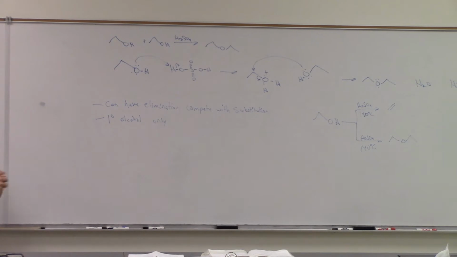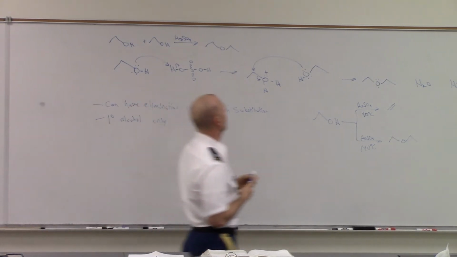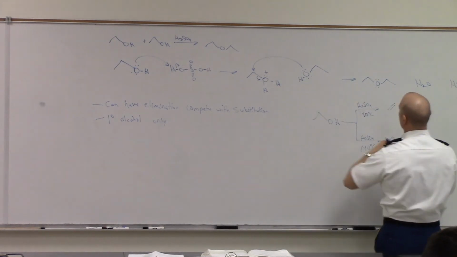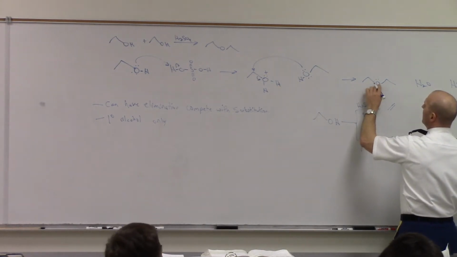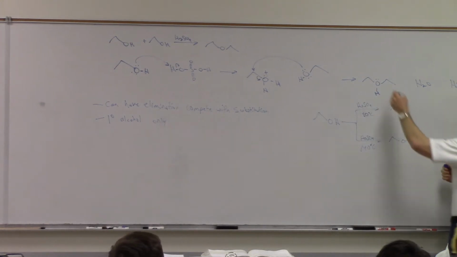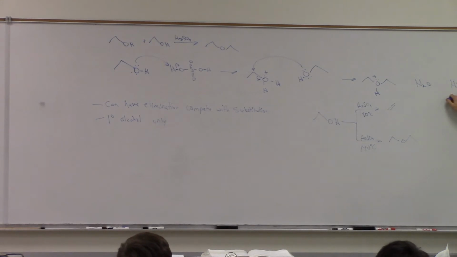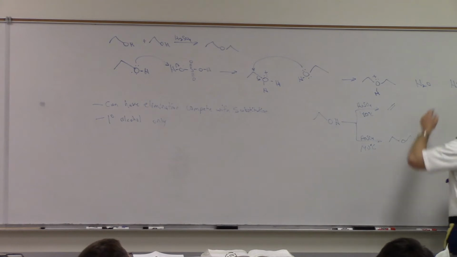So the mechanism of that, when we made the ether. Oh yeah, I skipped a second step, right? Where does the second pair come from, like the lone pair? It's going to be like this instead, positive. And then the sulfuric acid, or the HSO4 minus or water can grab off that proton.